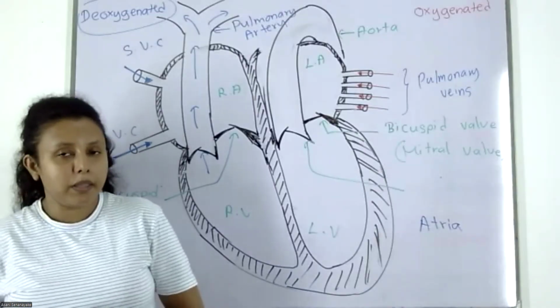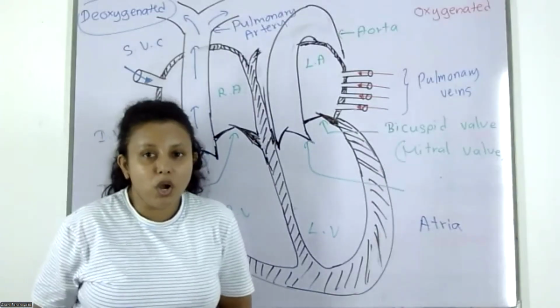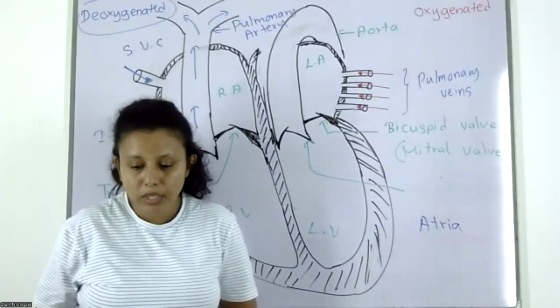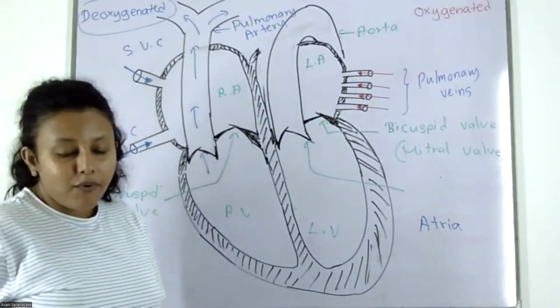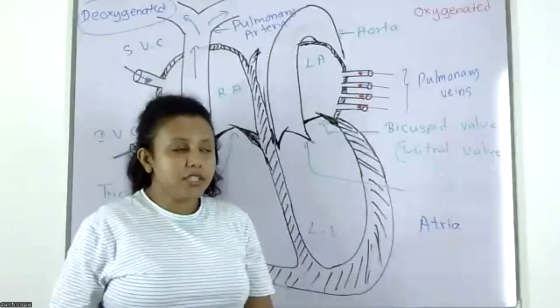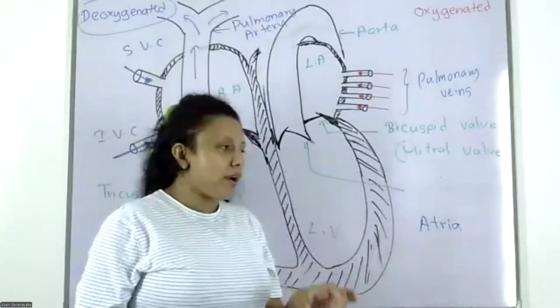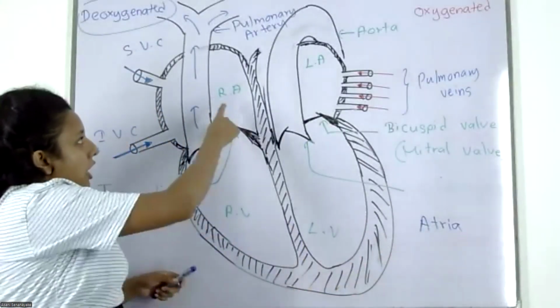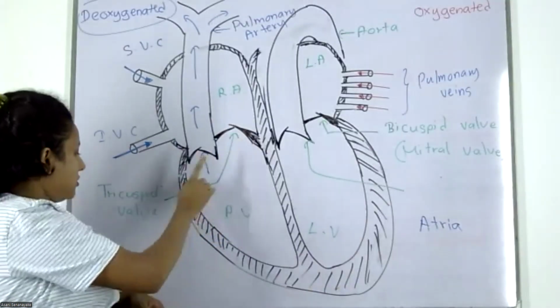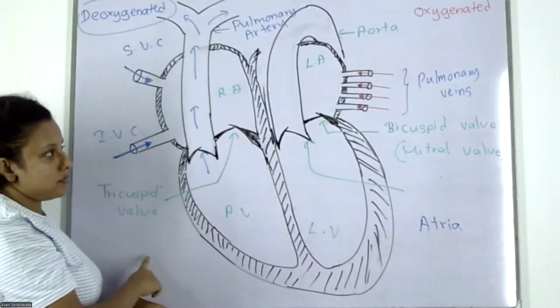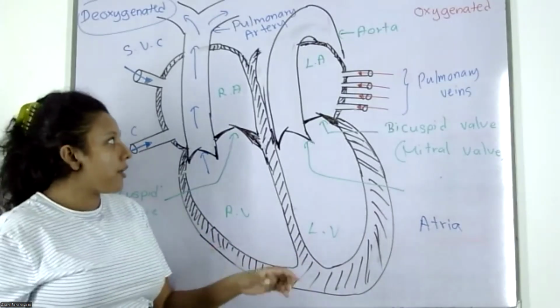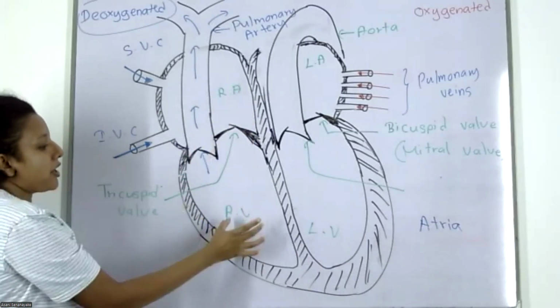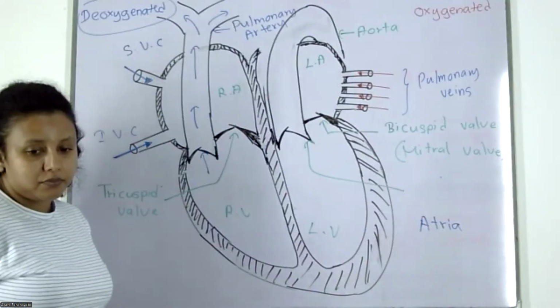We can actually practice there in the class also, but you have to actually get that on your mind. So you wrote there are valves between atria and ventricles. At that point you can write: between right atrium and right ventricle, tricuspid valve.